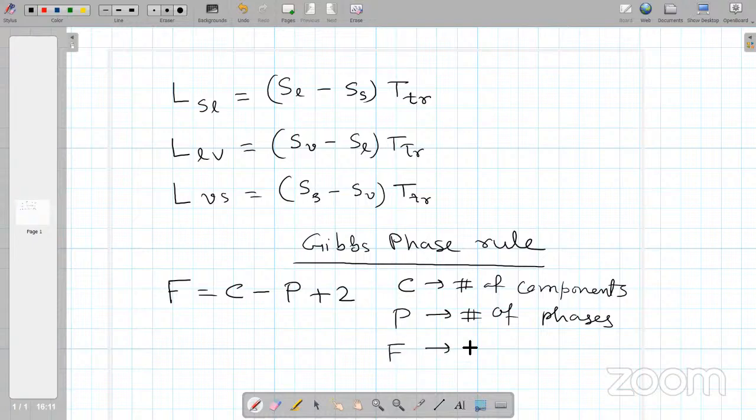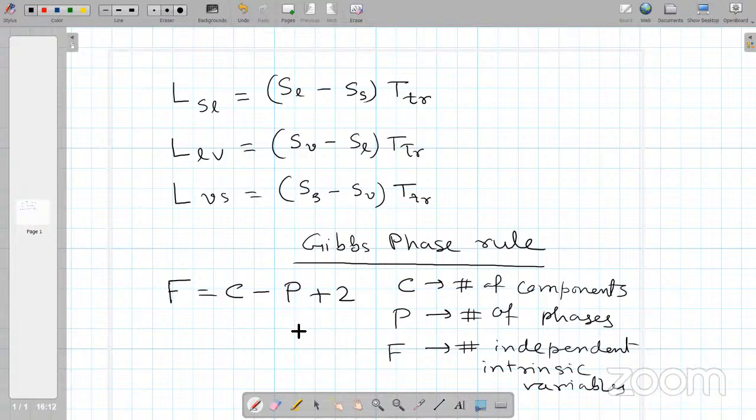F is the number of independent intrinsic variables. This is also called the degree of freedom. Same thing. So these are related by this phase rule.